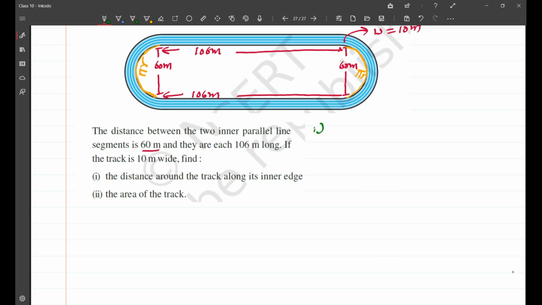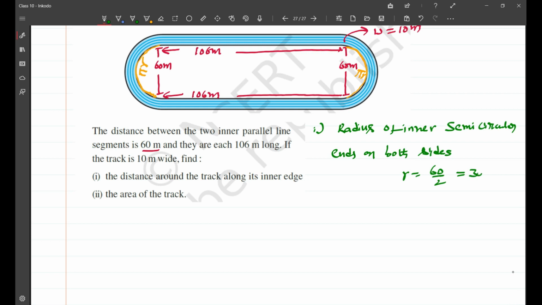Radius of inner semicircular ends on both sides is equal to 60 by 2, that is equal to 30 meter.